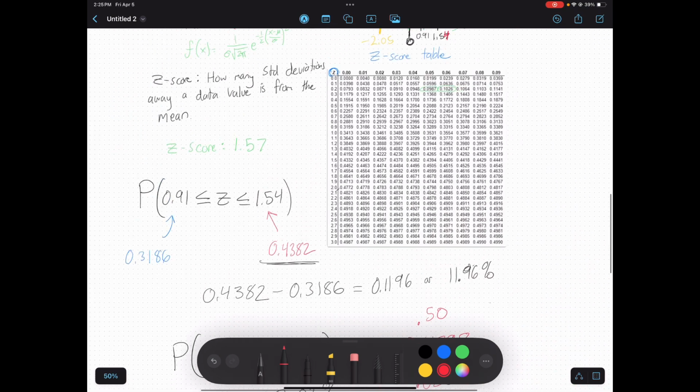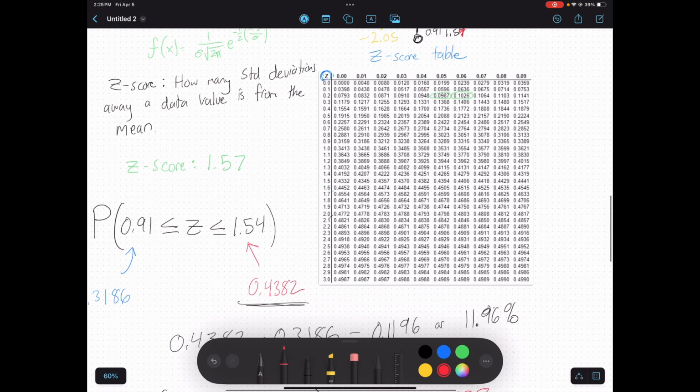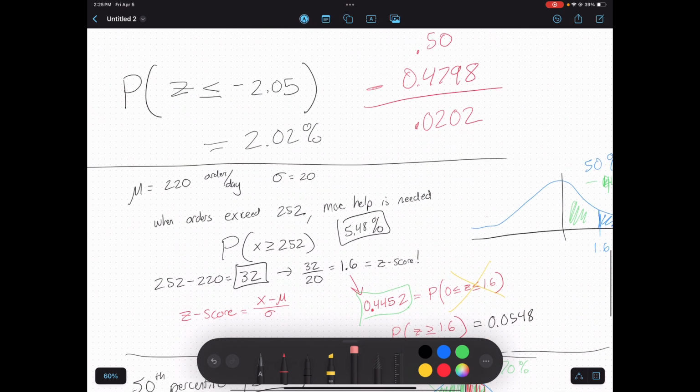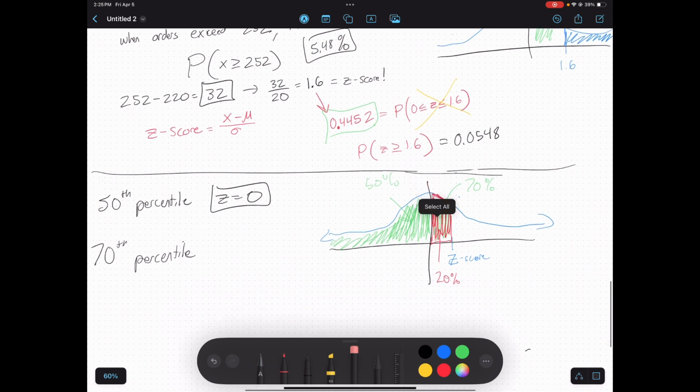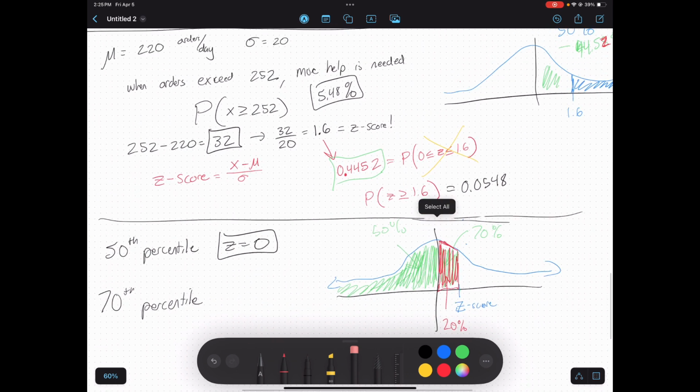Because if I want to be able to use this z-score table, I have to have it in terms of my area from 0. The z-score is always in terms of how far away it is from the mean. So 20% of my data is to the right of the center or the mean.